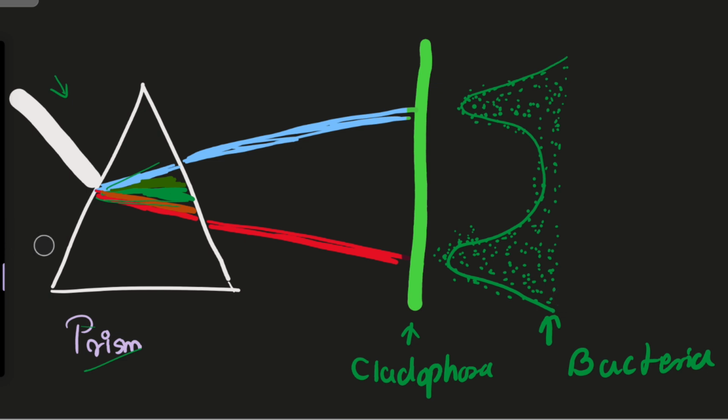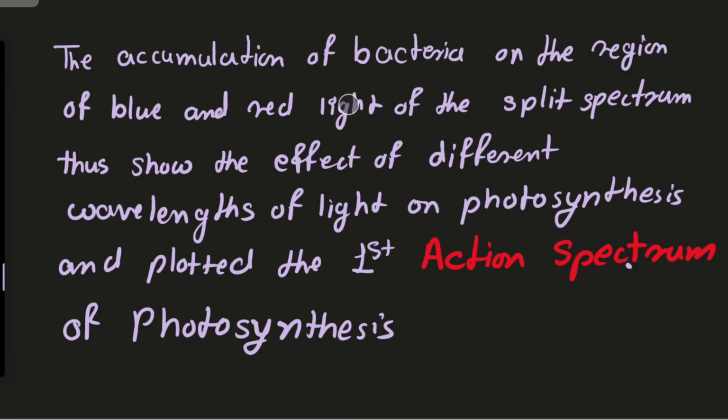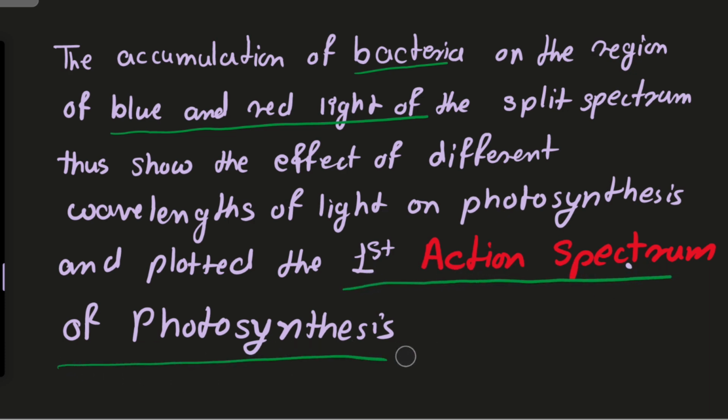Bacteria accumulate on the blue and red light region of the spectrum, the first action spectrum of photosynthesis.